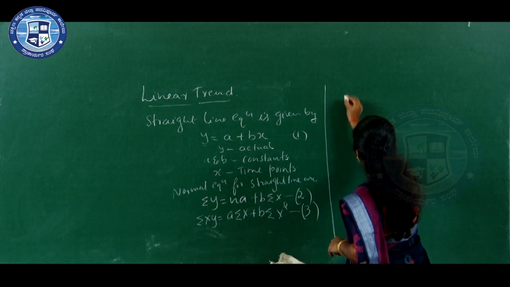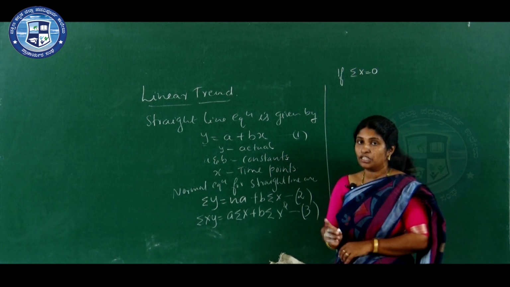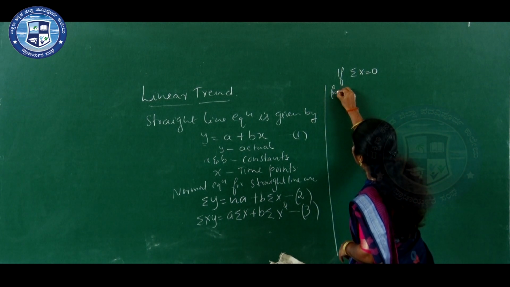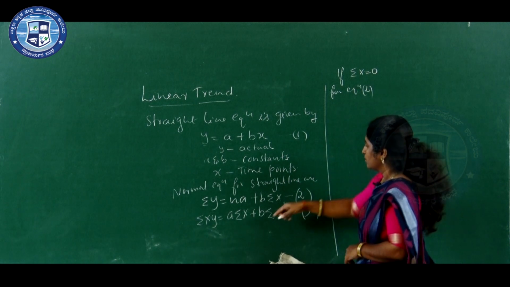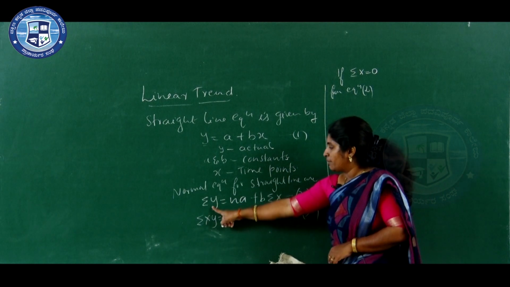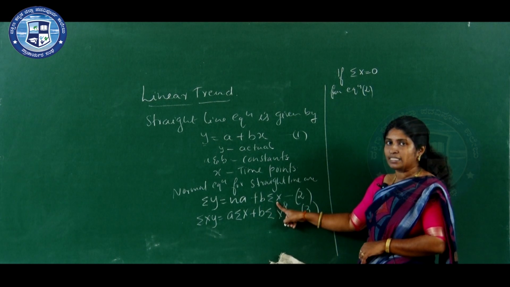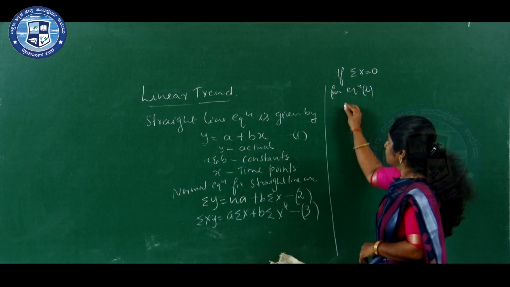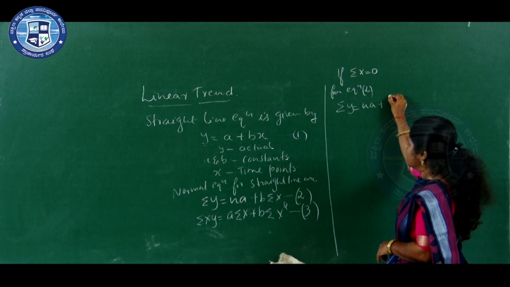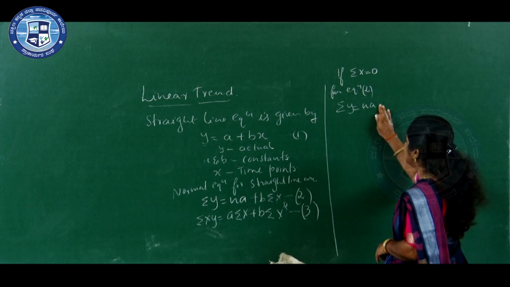If summation x is equal to 0, from equation 1, summation y is equal to n a plus b into summation x, and summation x is 0, so b into 0 is 0.